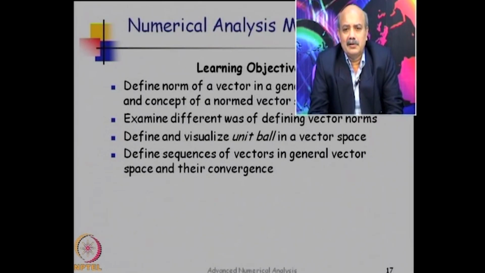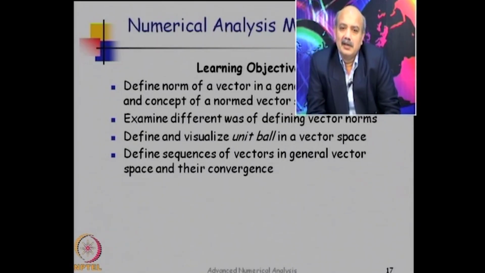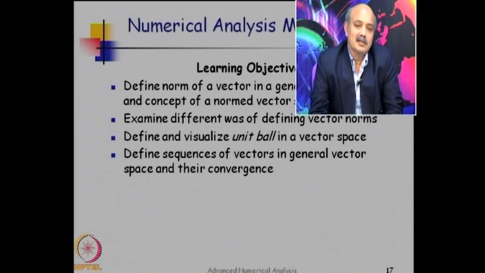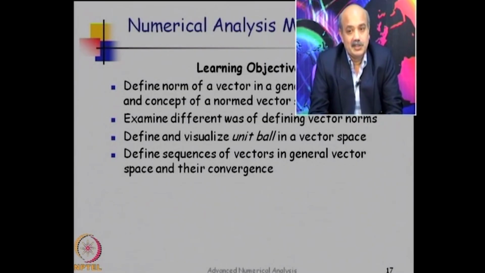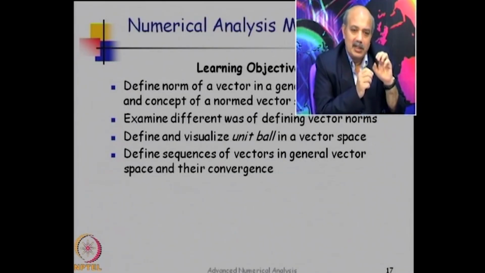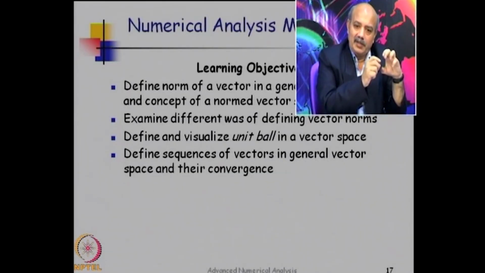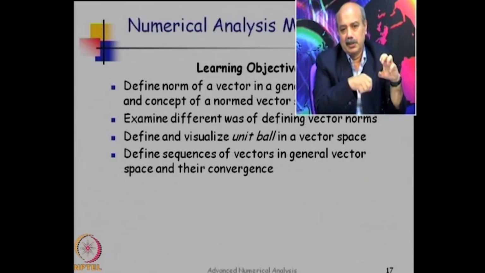When you are dealing with numerical analysis, something you invariably encounter is convergence of a numerical scheme. We start with a guess solution and we construct a new solution from an initial solution.